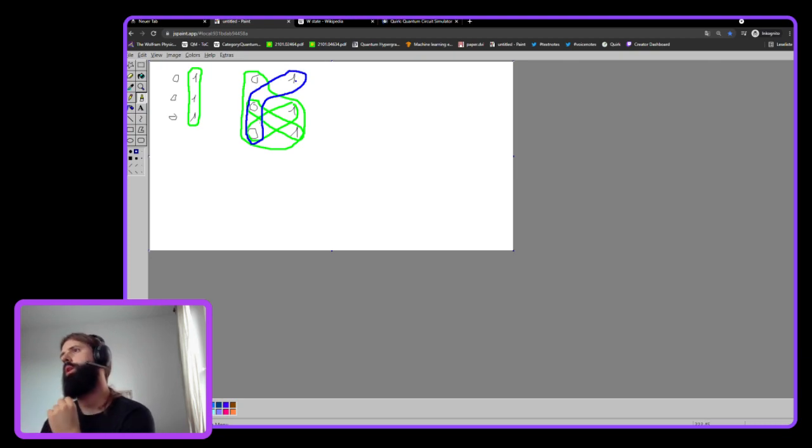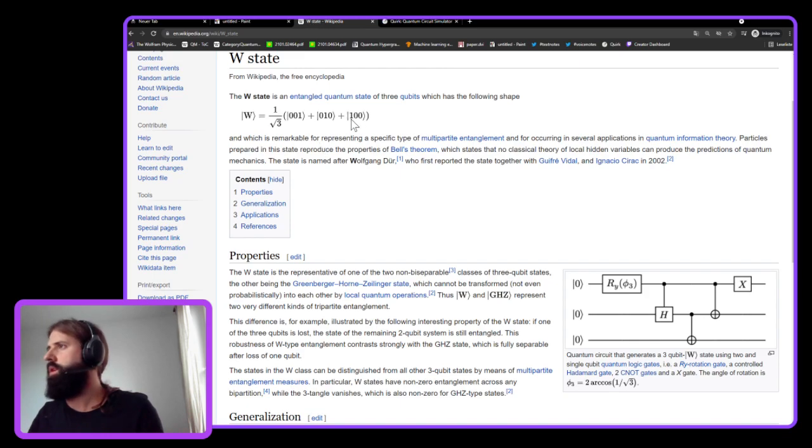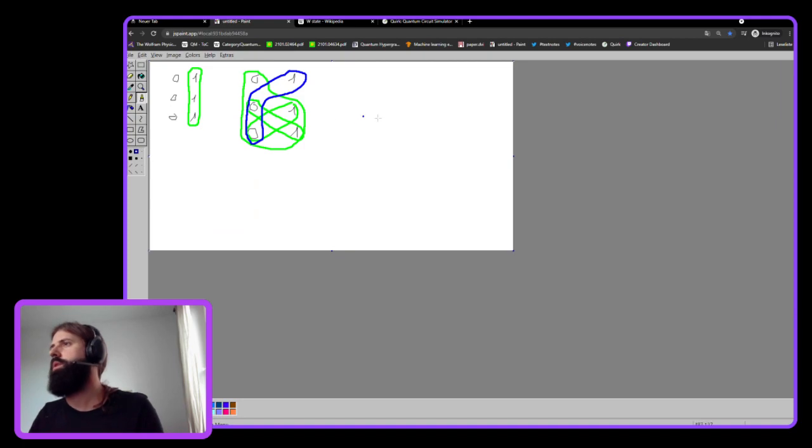So I know that if it's 1, then this is 0, 0. That's here, and if it's 0, then it's one of these. And that's pretty messy in comparison to the GHZ set, right?